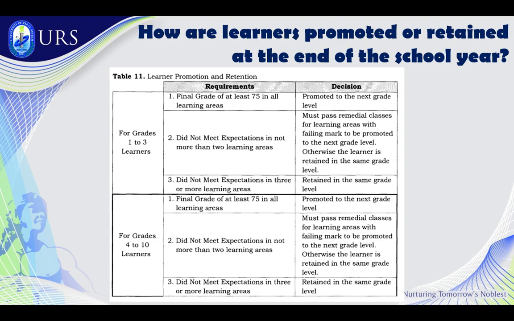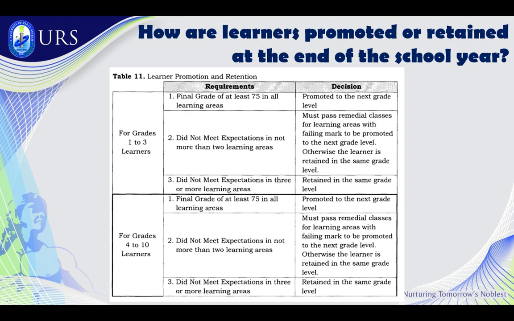Kapag naman po dalawa ang hindi na-meet na expectation, kunyari dalawang 74 ang grade ng bata, kailangan po niyang ipasa ang remedial class for learning areas kung saan po siya bumagsak. Otherwise, the learner is retained in the same grade level.